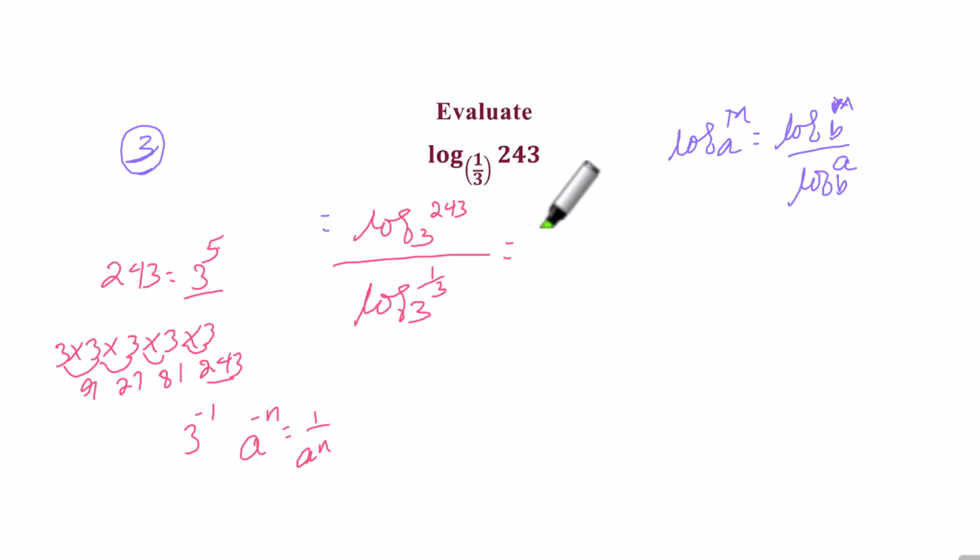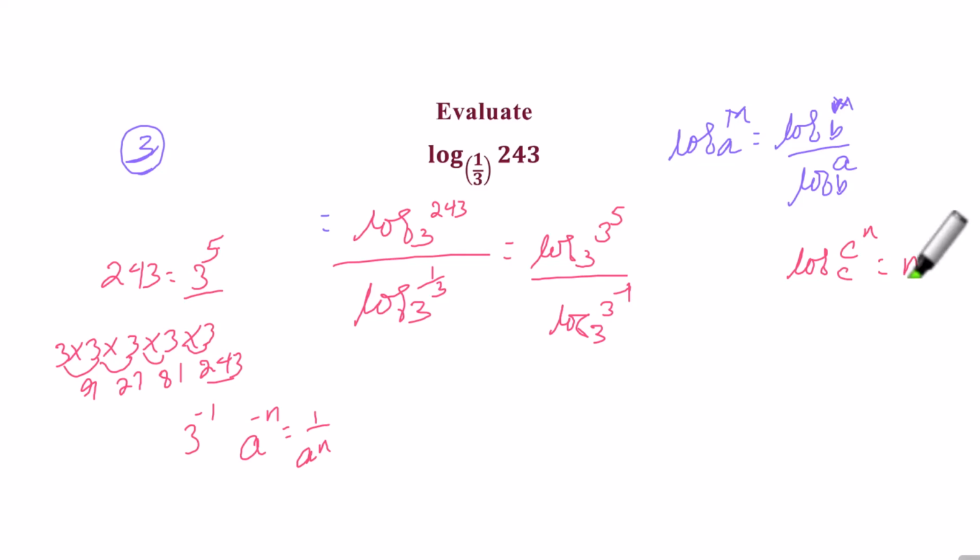So you can write this logarithm as logarithm of 3 to the power of 5 to base 3 over logarithm of 3 to the power of minus 1 in base 3. If there is something like logarithm of c to the power of n in base c, it becomes n.